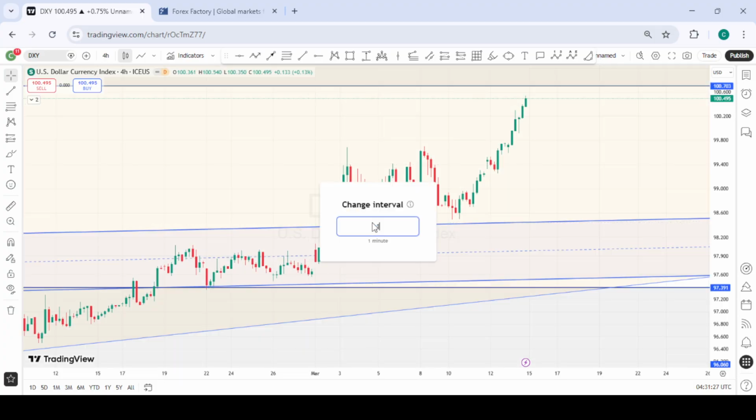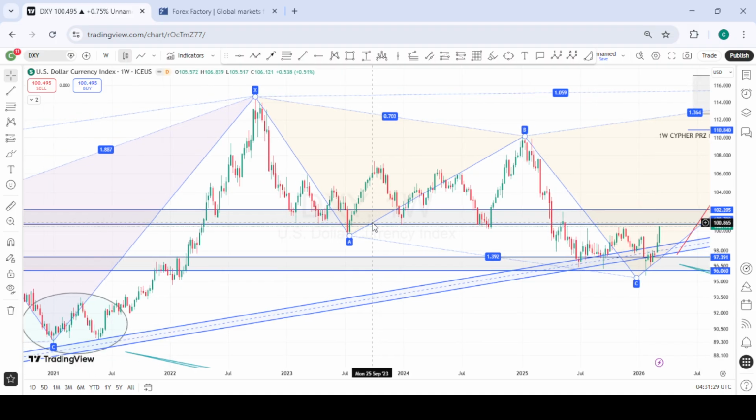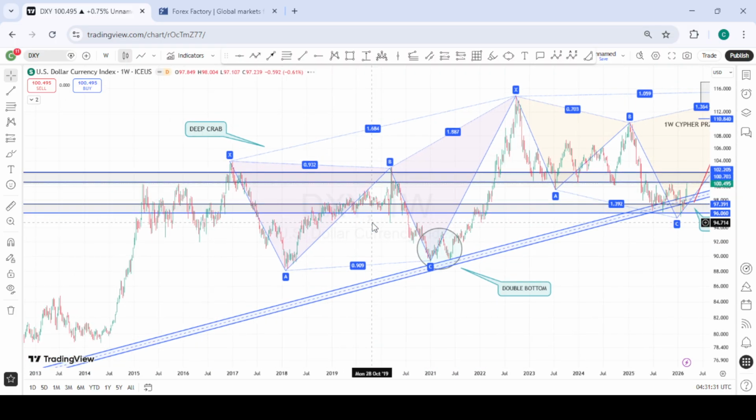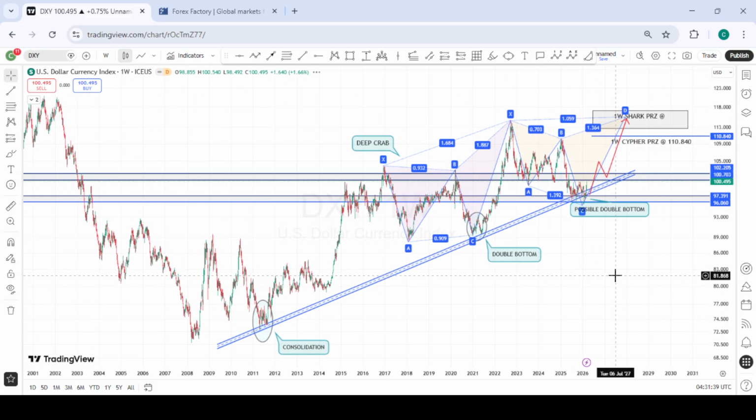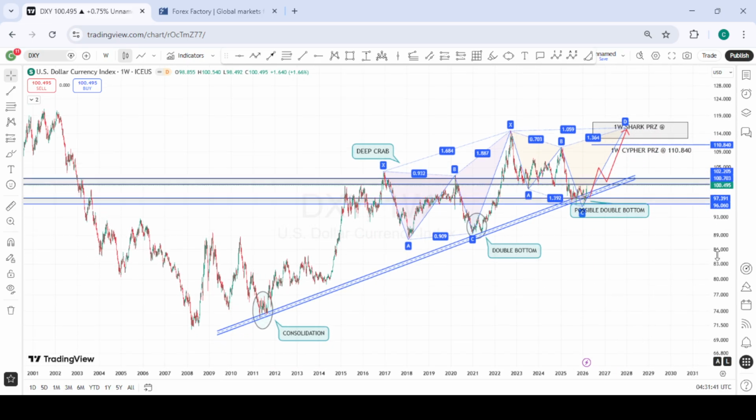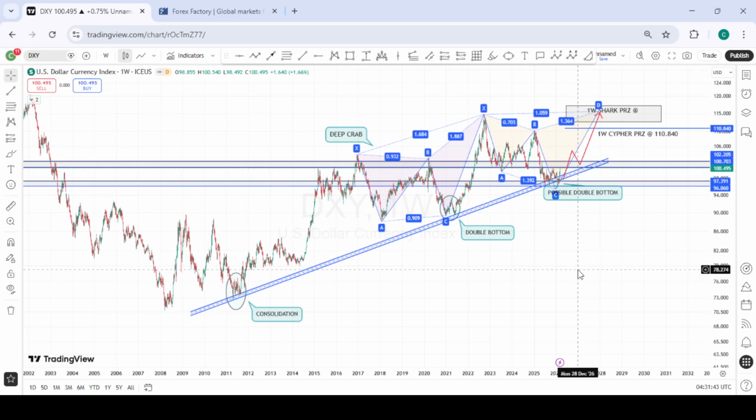We have here DXY. Considering the tensions going on in the Gulf region, we have this setup. This is the weekly time frame for DXY. Previously, whenever price hits this support, we have a consolidation or a reversal pattern, and then price takes off.